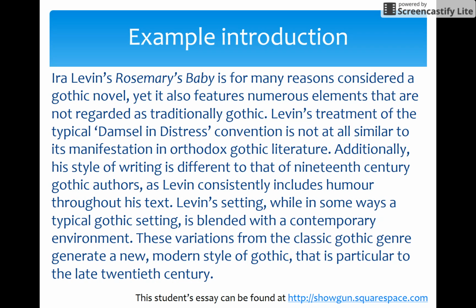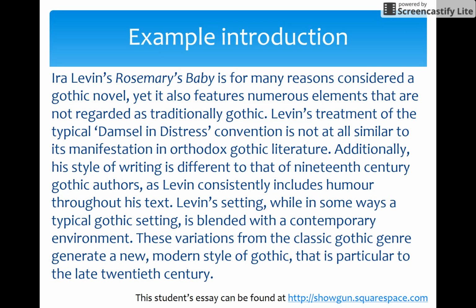Additionally, his style of writing is different to that of 19th century Gothic authors, as Levin consistently includes humour throughout his text. Levin's setting, while in some ways a typical Gothic setting, is blended with a contemporary environment. These variations from the classic Gothic genre generate a new modern style of Gothic that is particular to the late 20th century.